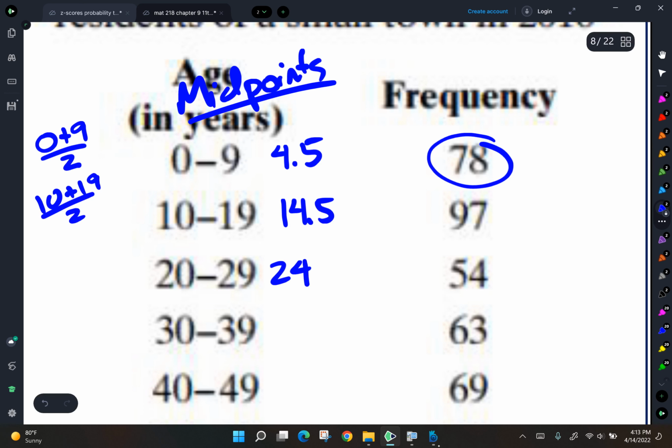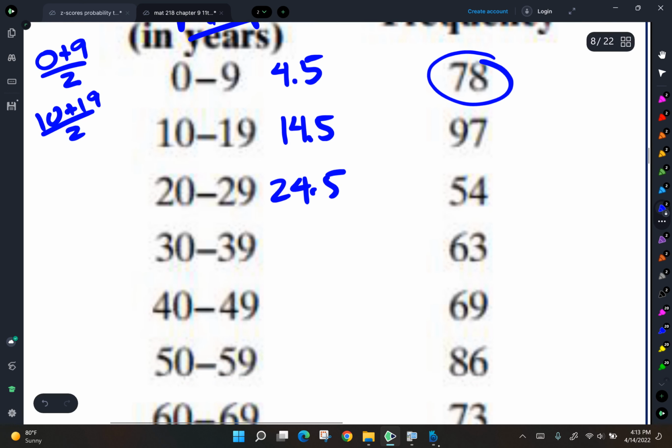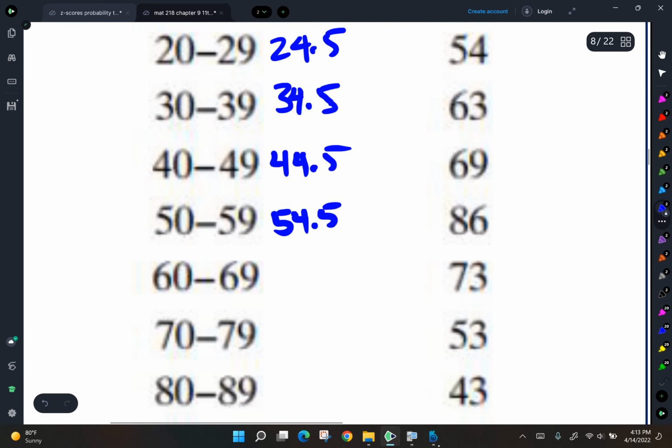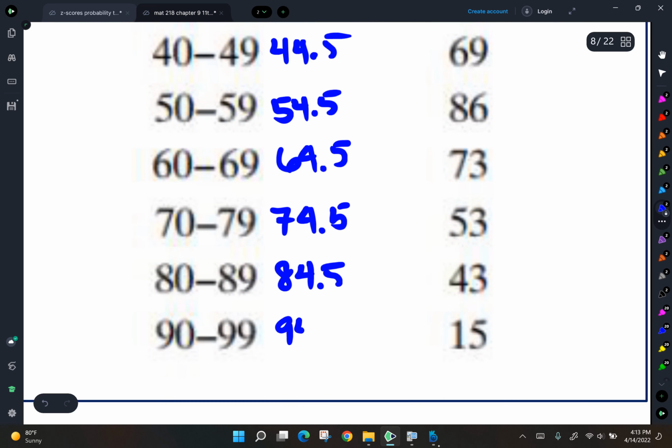And so then 24.5, 34.5, 44.5, 54.5, 64.5, 74.5, 84.5, and 94.5. Almost got away from me there.